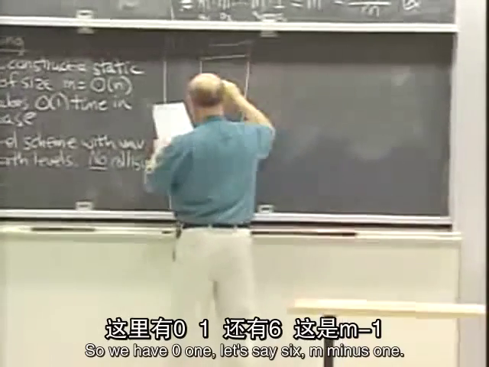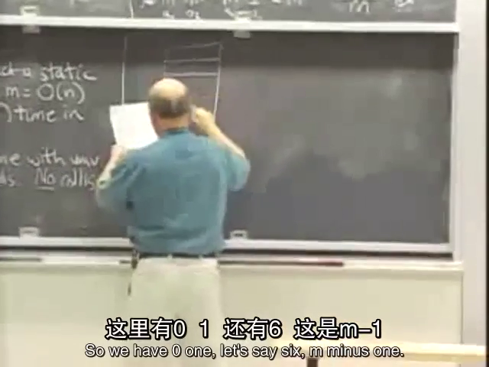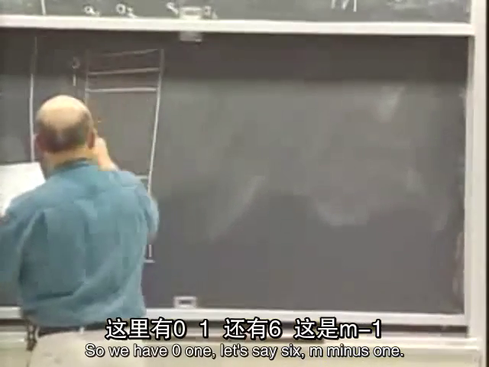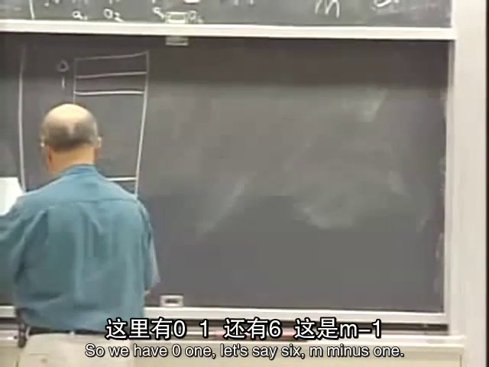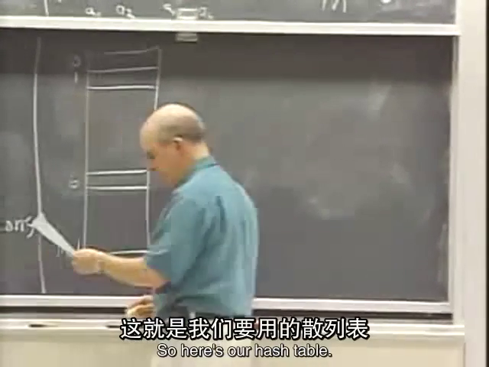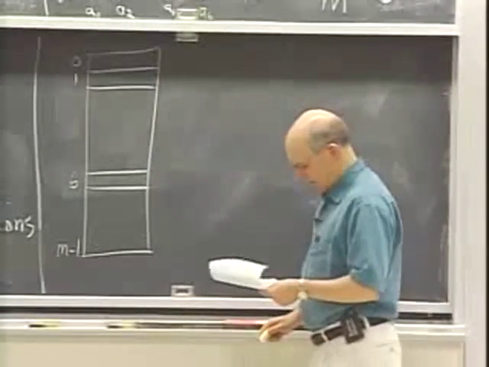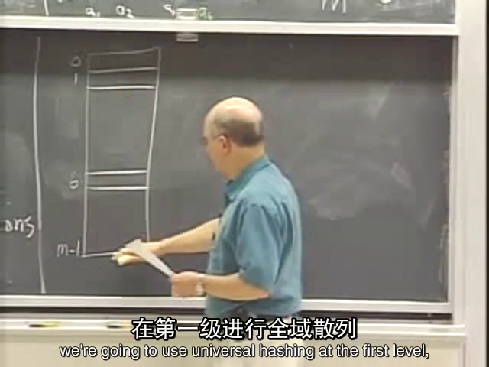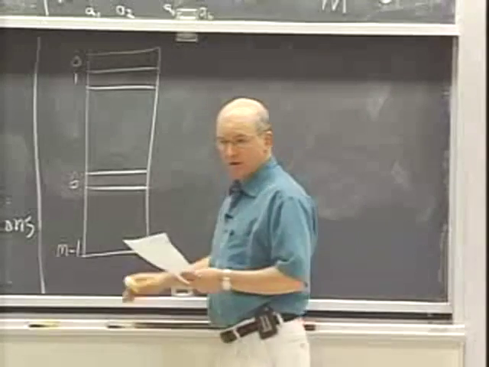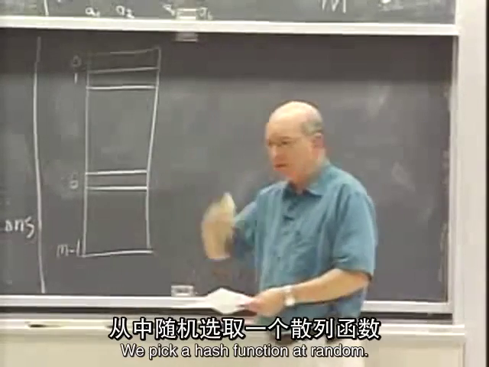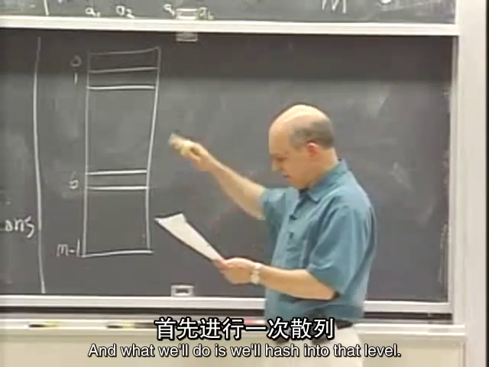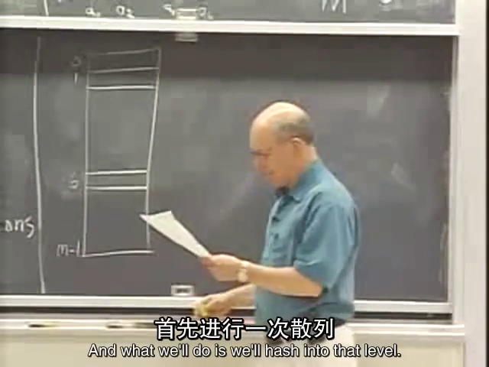Okay, so we have slots 0, 1, let's say 6, m minus 1. So here's our hash table. And what we're going to do is use universal hashing at the first level. So we find a universal hash function. We pick a hash function at random, and we'll hash into that level.